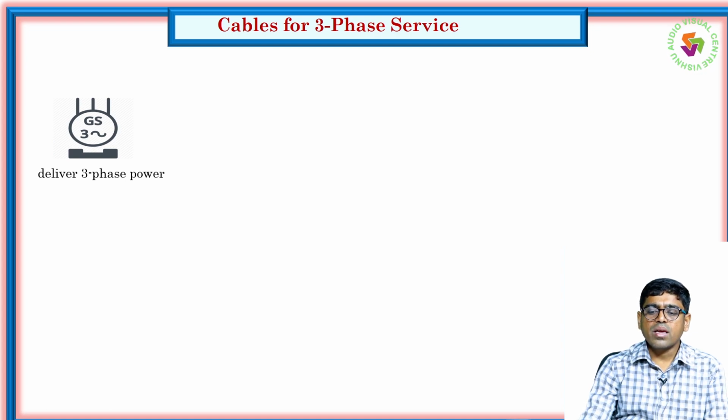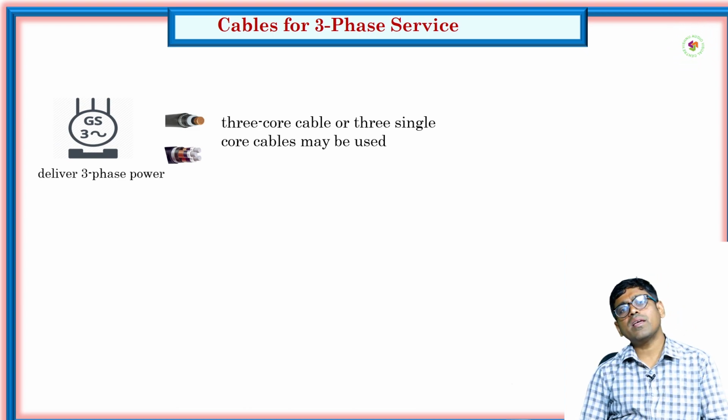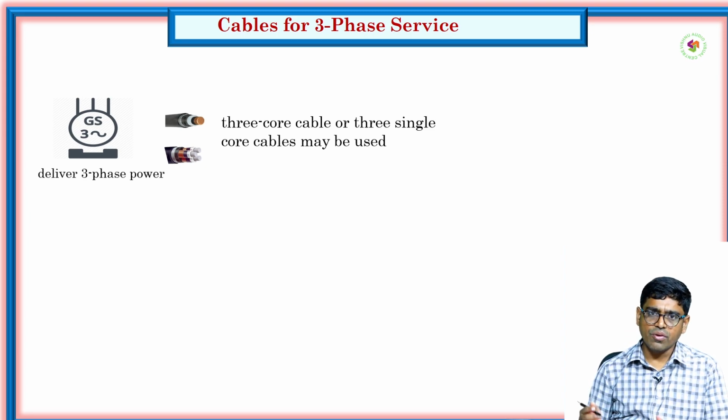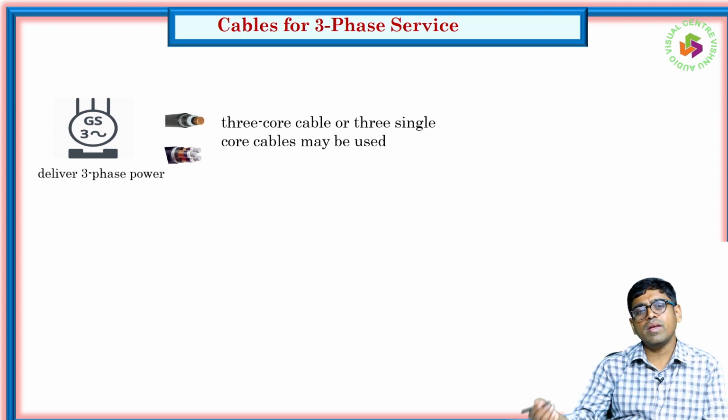For 3-phase service delivering 3-phase power, a 3 core cable or 3 single core cables may be used. If you want to supply more power, instead of going in a single core for the RYB phases, we can supply 3 different cables: R phase is one cable, Y phase, B phase.